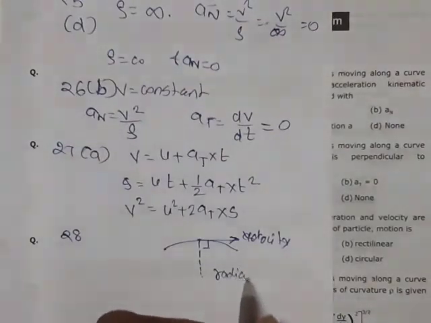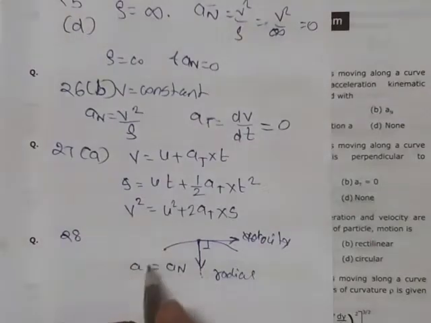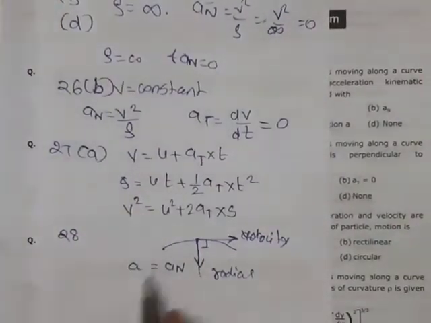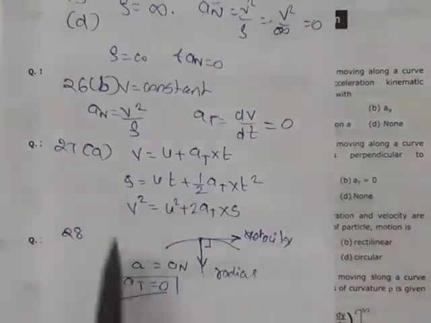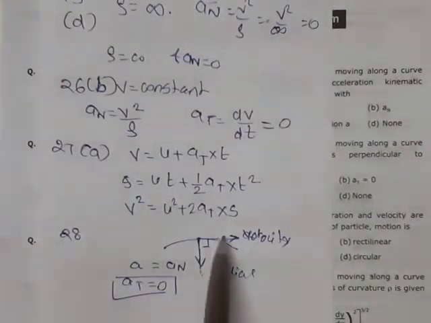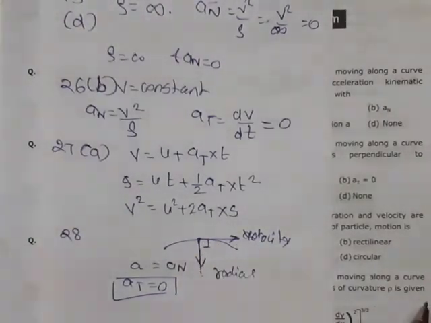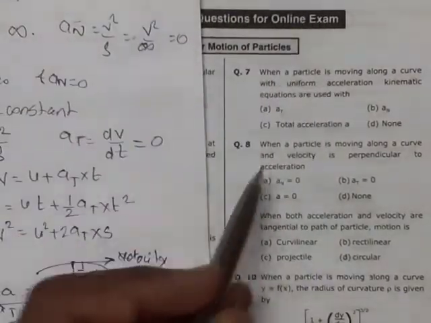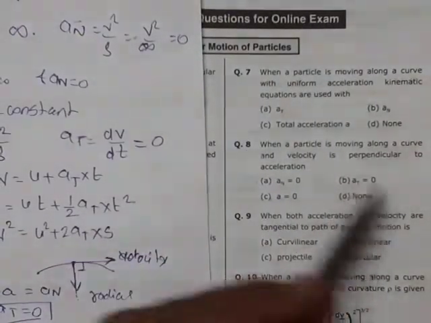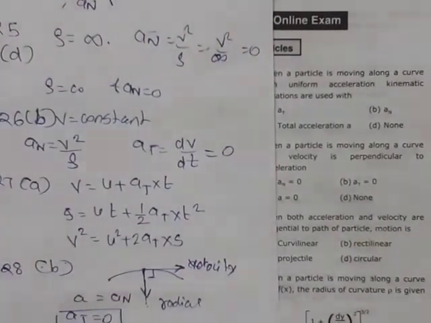In the radial direction the component of acceleration is an. So we are saying our entire a is along the an direction, means our value of at is equal to 0. So when velocity and acceleration have a 90-degree angle between them, there is no tangential component of acceleration, it is 0. There is only the normal component of acceleration. So for question 8, at is equal to 0, and B is our correct answer.